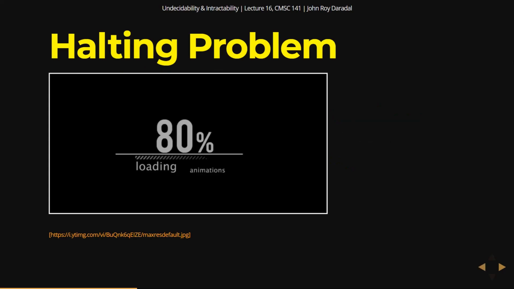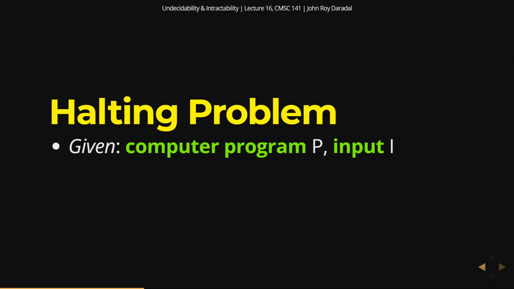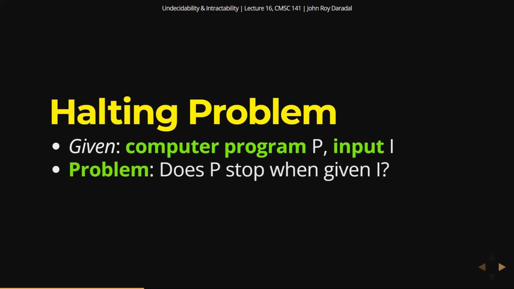So let's take a look at some undecidable problems. Since we're talking about undecidability, what problems are undecidable, or what problems cannot be solved by a computer at all times? So let's start with the halting problem. For the halting problem, you're given a computer program P and some input I, and the problem is, does the program P stop when given input I?